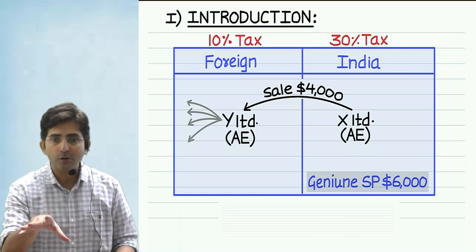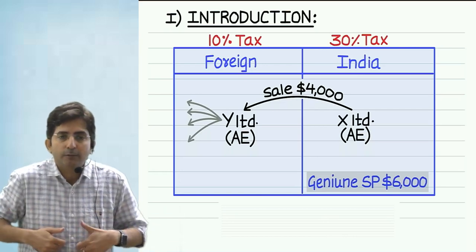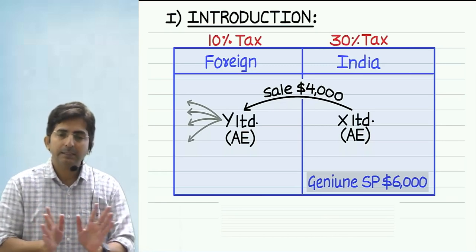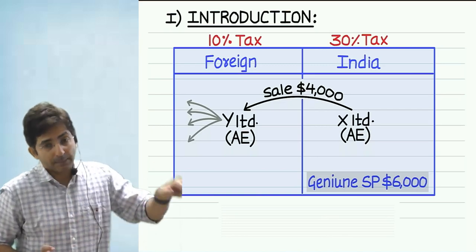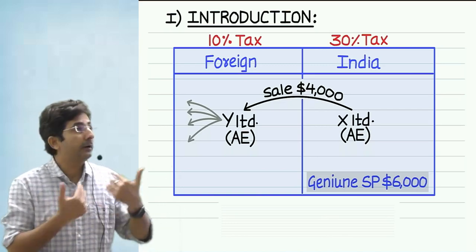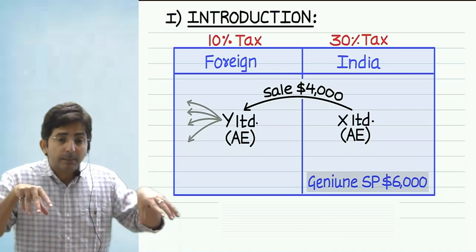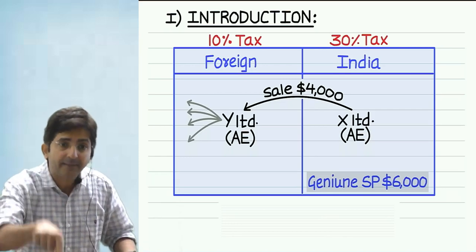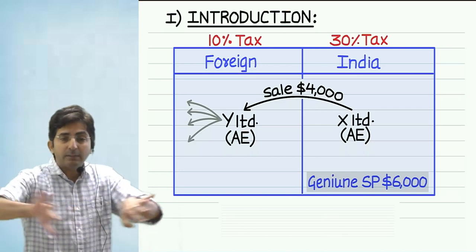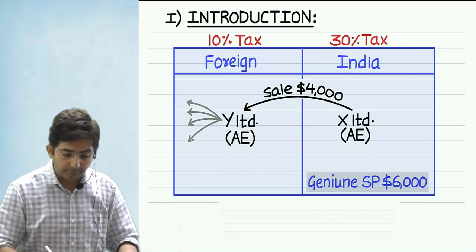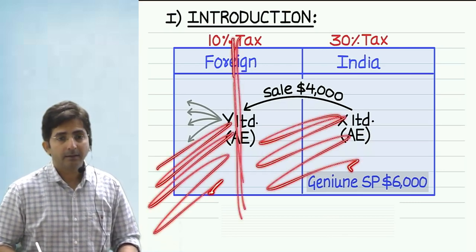This you have realized or not? If I have a branch in a foreign country, it will be treated as an extension of the Indian business. My entity will only be one. But if it is a separate entity, then I am different and that is different. Although I know internally that we are all the same, it becomes a separate entity. And only when a separate entity is there, cheating can work, because then you can have a separation between this sale and this sale.